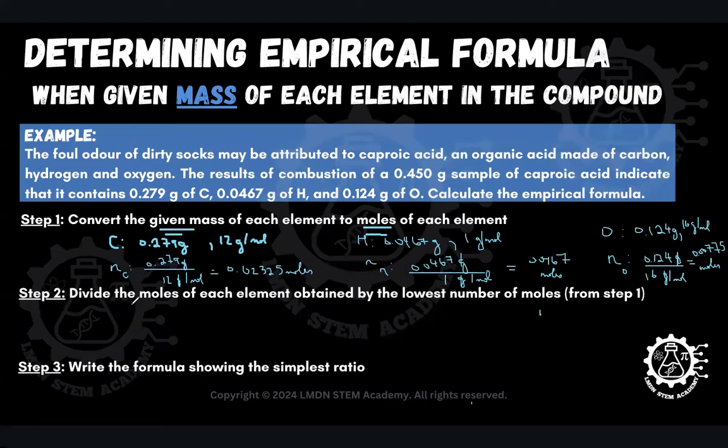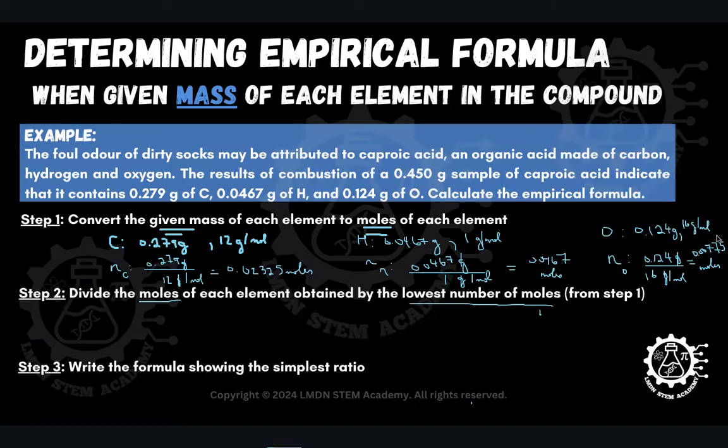In the second step now, because it's an empirical formula, we want to divide the moles of each element that we got here by the lowest number of moles. That way we're going to get the simplest whole number ratio. Let's look at these numbers here: 0.0235, 0.0467, and 0.0075.